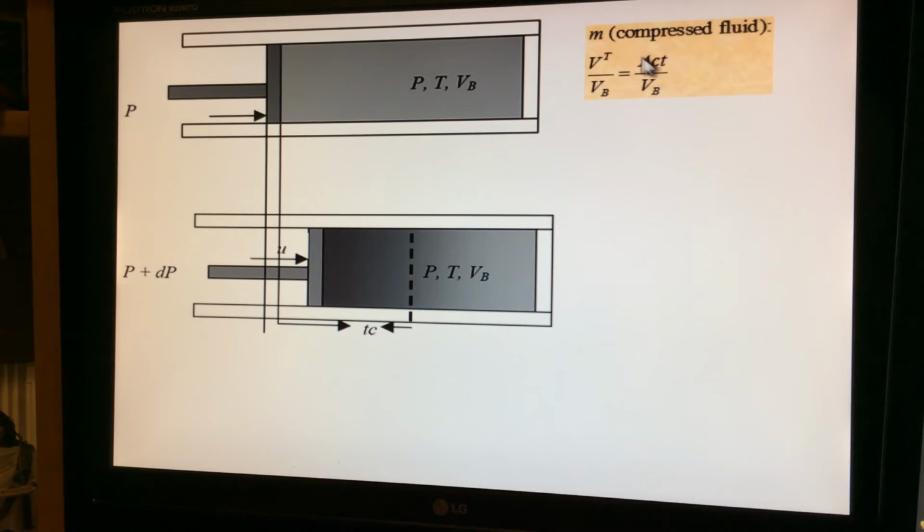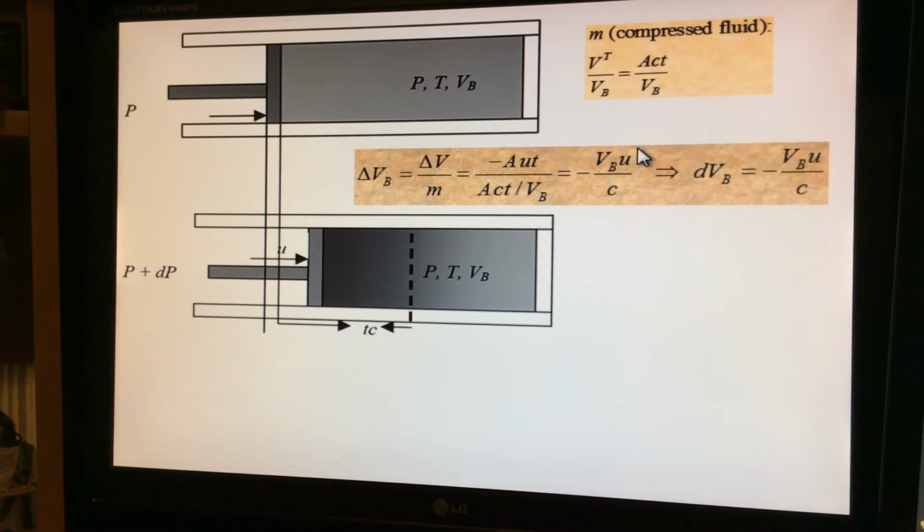The mass of the compressed fluid in this region is given by the total volume of the fluid inside this tube or cylinder divided by the specific volume of the fluid. The total volume is the area times the speed of the wave times time, divided by specific volume. That is the mass of the fluid, and if you do a unit analysis, it gives you exactly the unit of mass.